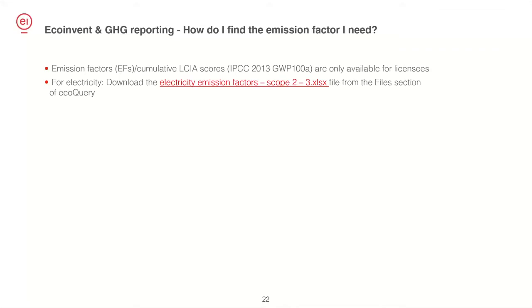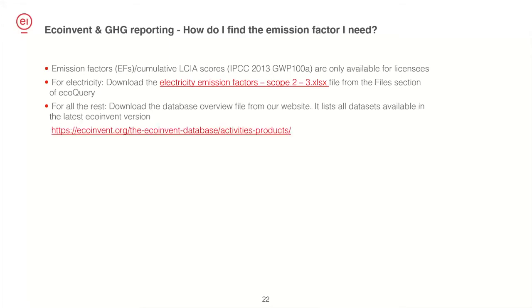So if you are interested in emission factors for electricity, you can download the electricity emission factors file from the file section of ecoquery. This file lists both scope 2 and scope 3 emission factors for electricity producing activities and electricity markets, and was published with the release of version 3.8 of the database.